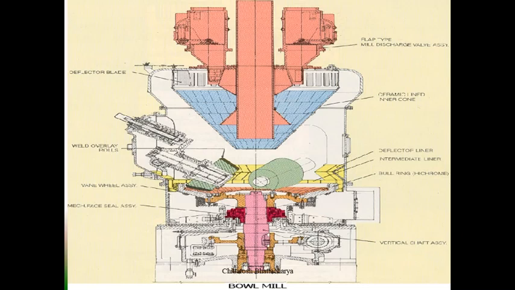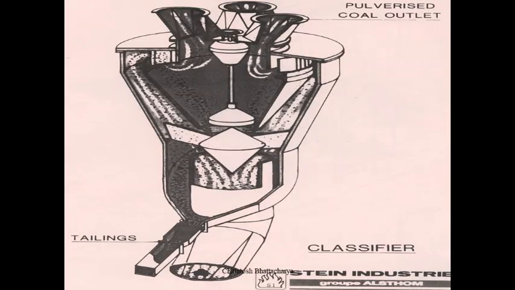Classifiers in smaller mills are mostly static type. Nowadays dynamic classifiers are also introduced. In dynamic classifiers, the classifier is actually rotating along with the vertical shaft, thereby improving the classification, and that improvement is done due to the impact of rotation of the classifier in total along with the opening of the classifier blades.